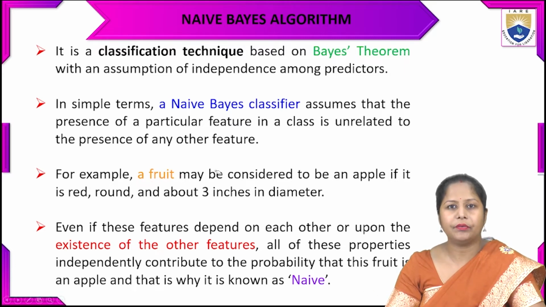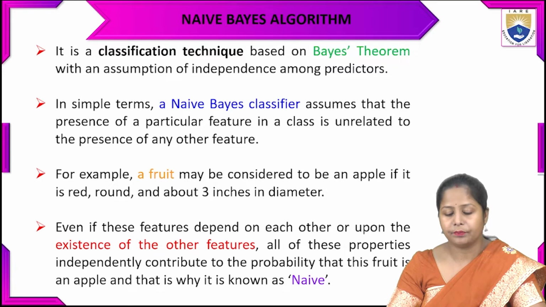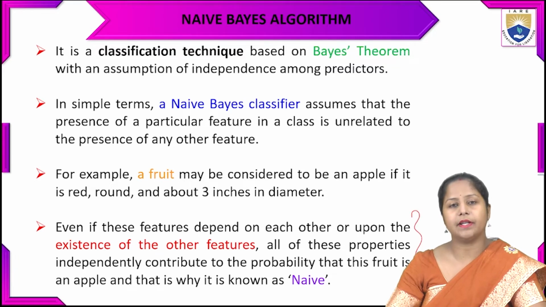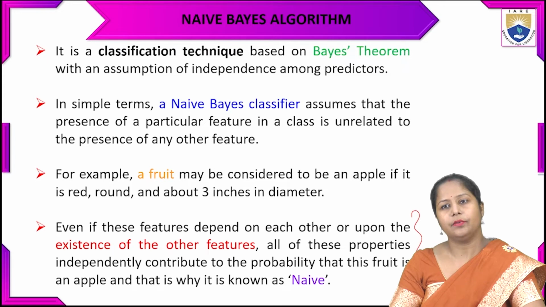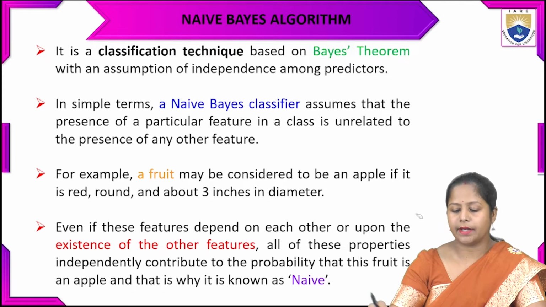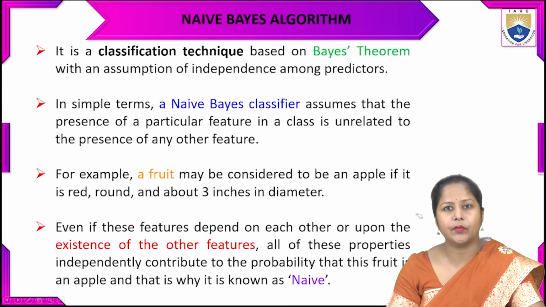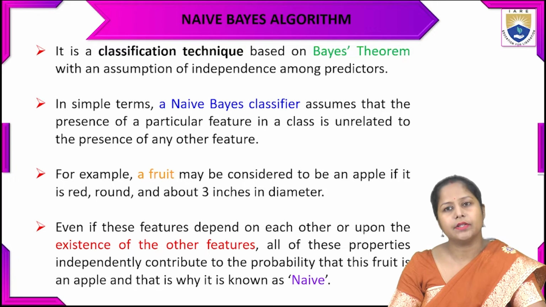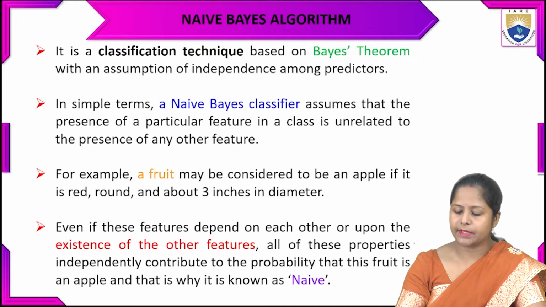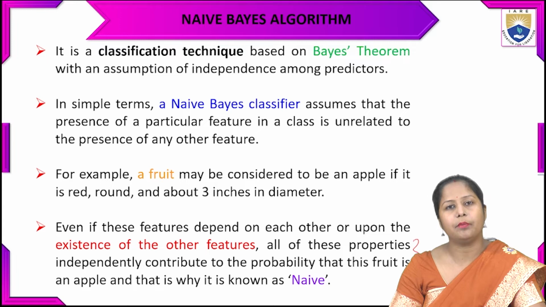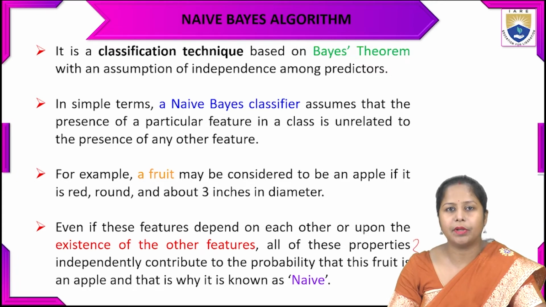Even if these features depend on each other, or depend upon the existence of the other features, all of these properties independently contribute to the probability. That is the occurrence probability.